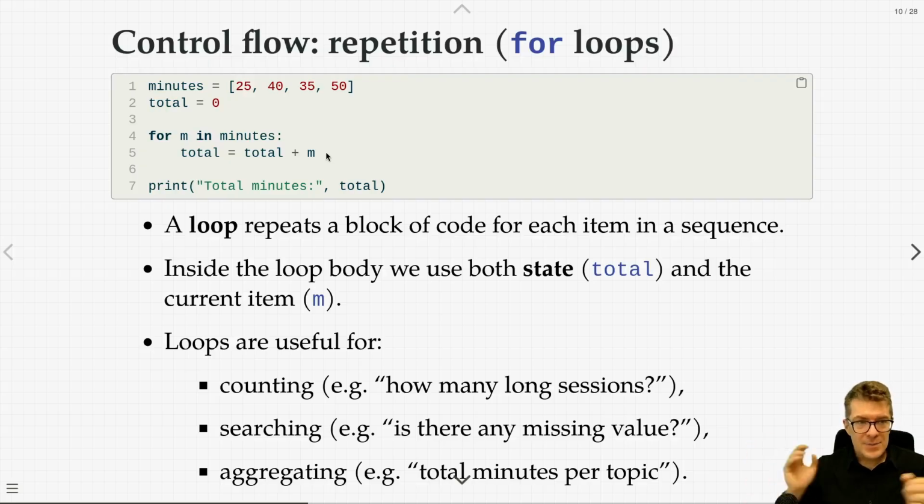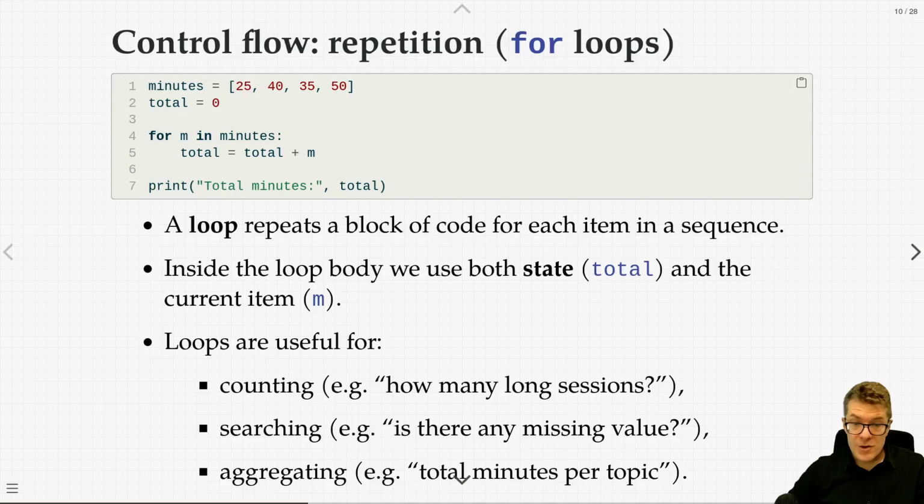I could have checked whether the value m is greater than or equal to 40. And if it is, I might have added 1 to a counter of the total number of long study sessions, if long is defined as 40 minutes. So I could have just counted the number of times that I've exceeded 40 in my study minutes.